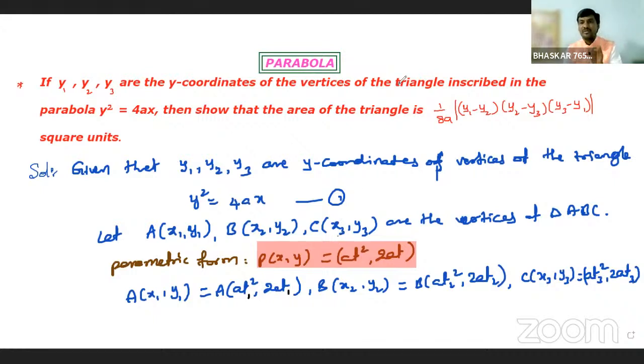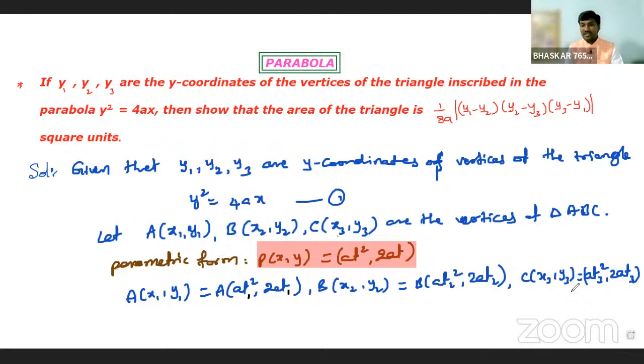After getting the third point, now we have to find the area of the triangle. For finding the area of the triangle, there are two or three formulas. You just have to select the better one, so I am going to suggest the easy formula.